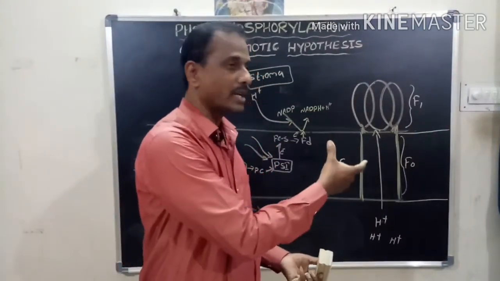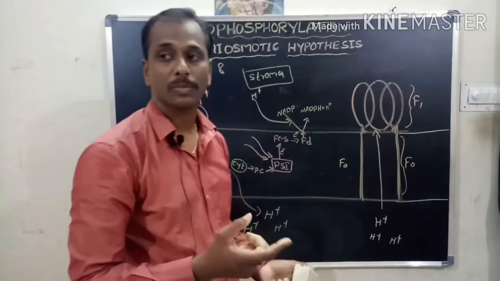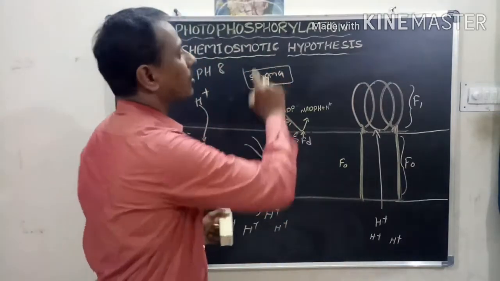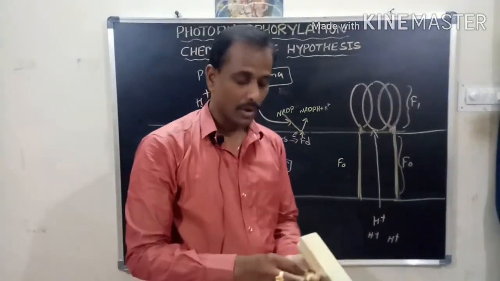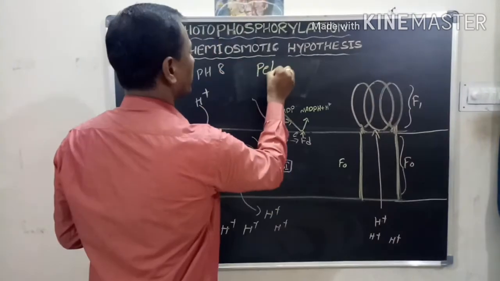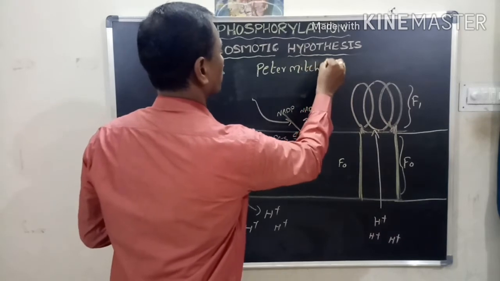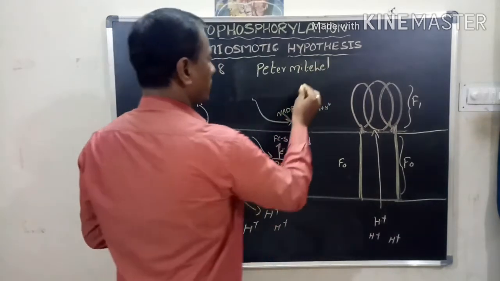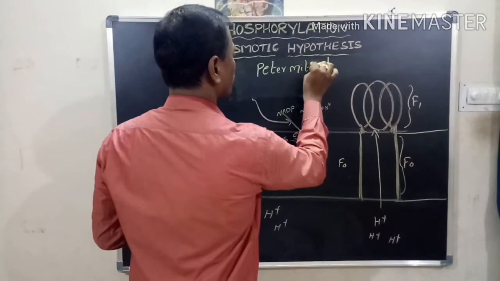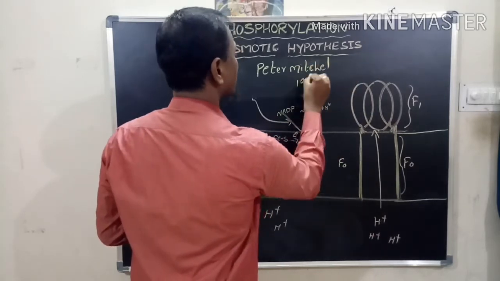The production of ATP by the movement of H plus ions is explained by the chemiosmotic hypothesis, proposed by Peter Mitchell in 1961.